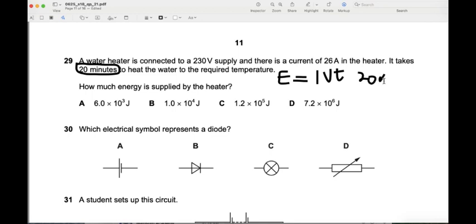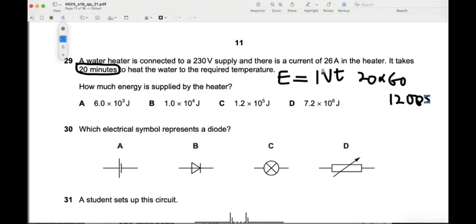If you want to change it to seconds, you multiply by 60. 2 times 6 is 12, so that's 1200. This is the time in seconds it takes for the heater.